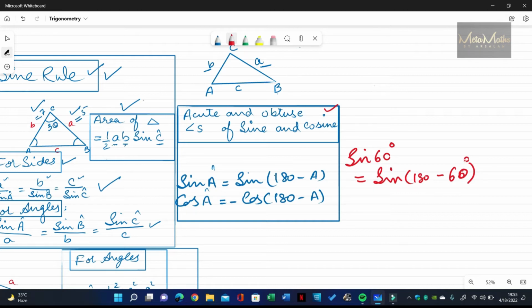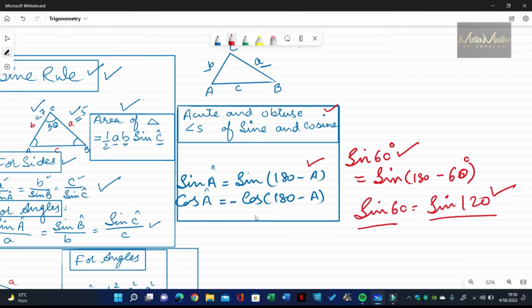Anyways, so you can say sine 60 is equal to sine 120, and you can use your calculator to verify that whatever value you get for sine 60, you will also get it for sine 120. So the formula is sine A is equal to sine 180 minus A. It is exactly the same.